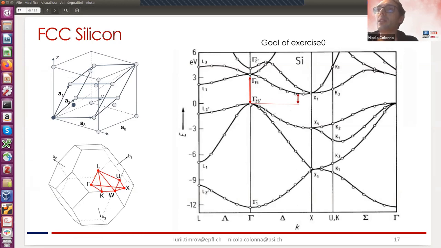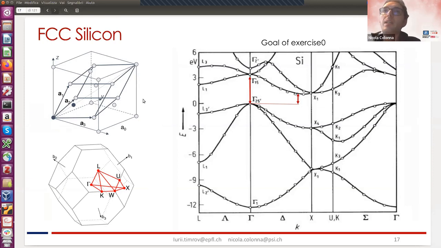In this case, silicon is a semiconductor. It has an indirect band gap between the gamma point, which is the top of the valence band, and a point somewhere between gamma and X, which is the bottom of the conduction band.